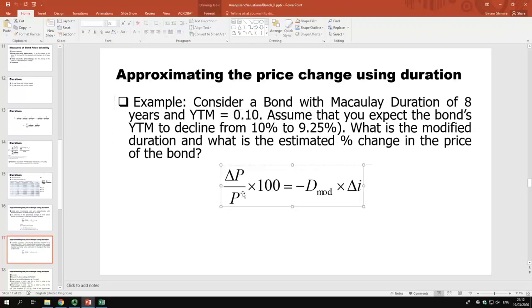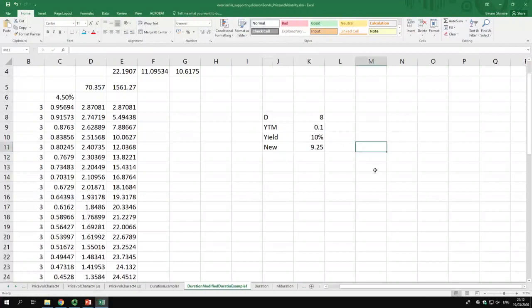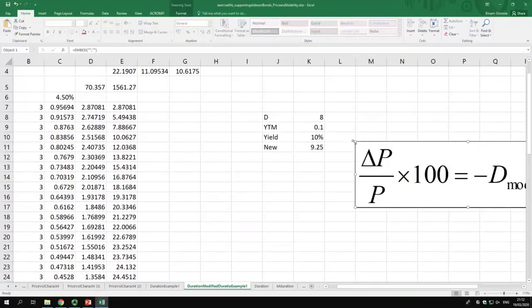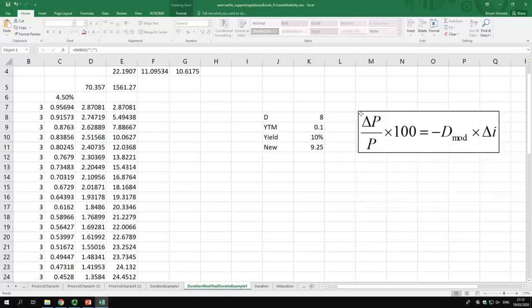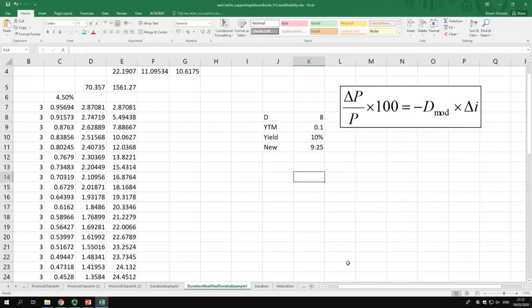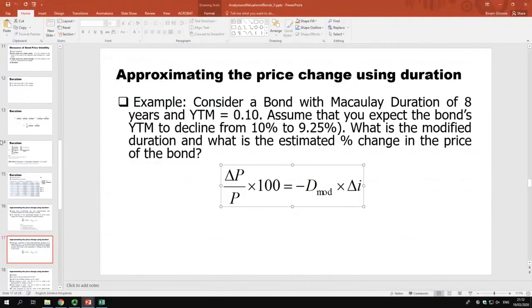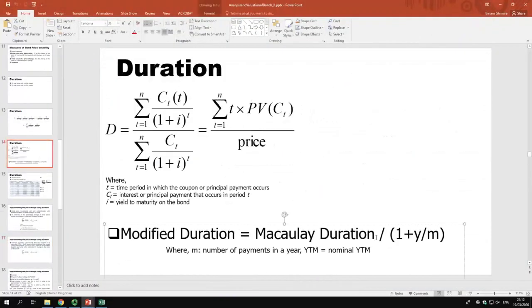And you know this formula, which I'm going to copy and place here. Basically what I need to do is find out the modified duration first. Modified duration is Macaulay duration divided by 1 plus y over m.